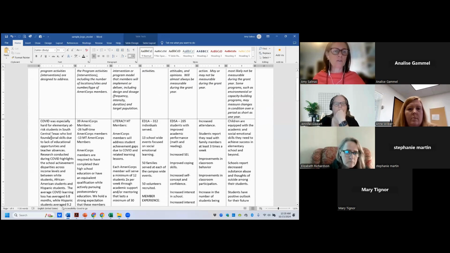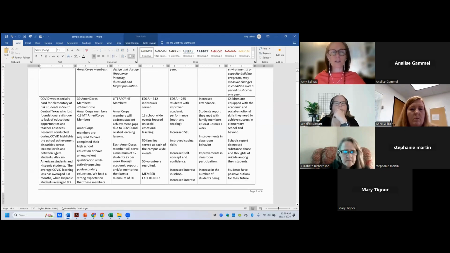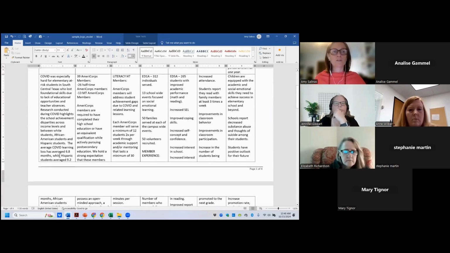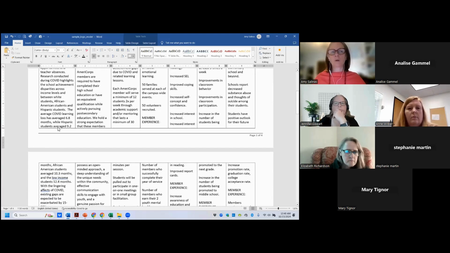COVID was especially hard for elementary at-risk students in South Central Texas who lost some foundational school skills due to the lack of educational opportunities and absences. It gave some research about the loss of learning during COVID, especially around particular demographics.